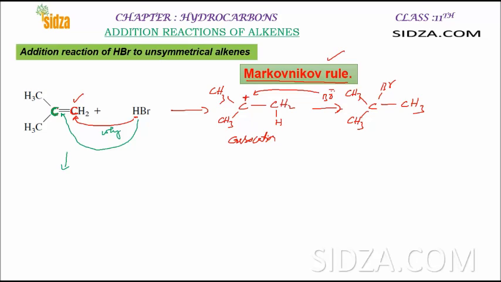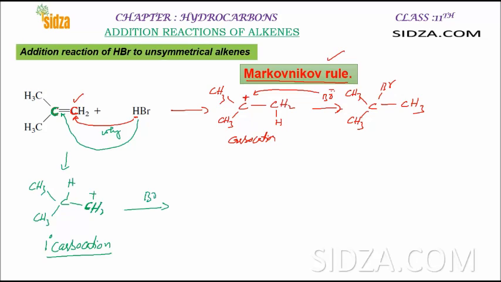So we have CH3, CH3, and when the hydrogen attacks this carbon, you get a carbocation like this, CH2 plus. And this is a 1 degree carbocation, and after that, what will happen?